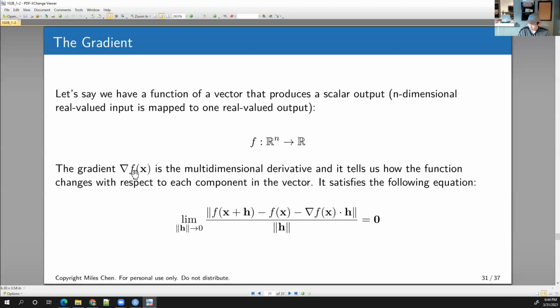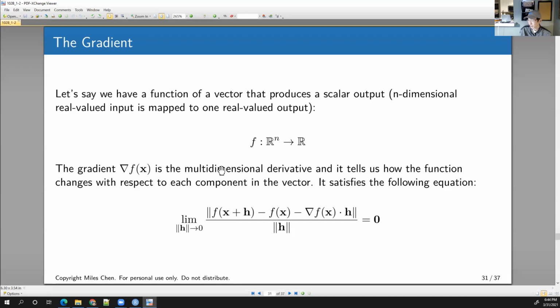Okay, and the gradient is written with this upside down triangle, which is called the nabla, right? I always wanted to call this delta, but delta is a right side up triangle, and when it's an upside down triangle, it's called nabla. Okay, so this is nabla f, and that's the gradient.